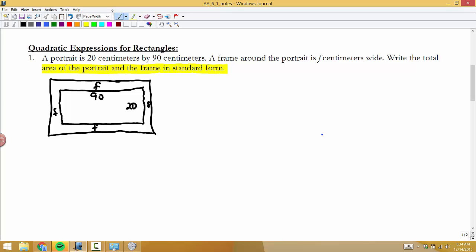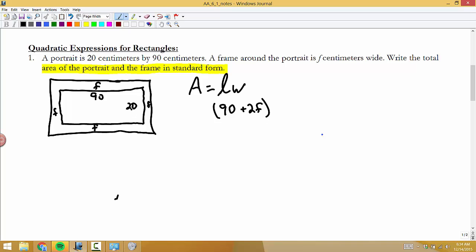Well, if I'm going to find the area, I know that the area is equal to the length times the width. Well, if I look at my portrait here, I know that the portrait is 90, but the frame is f on each side, f here and f here. So I can say that the length of the portrait, excuse me, is 90 plus 2f. Now I can do something similar when I'm looking at the width.